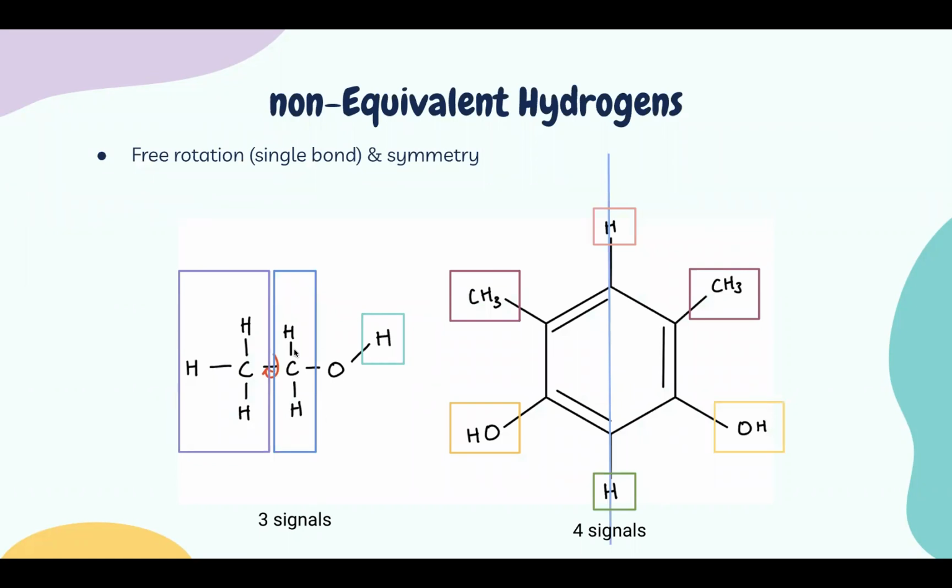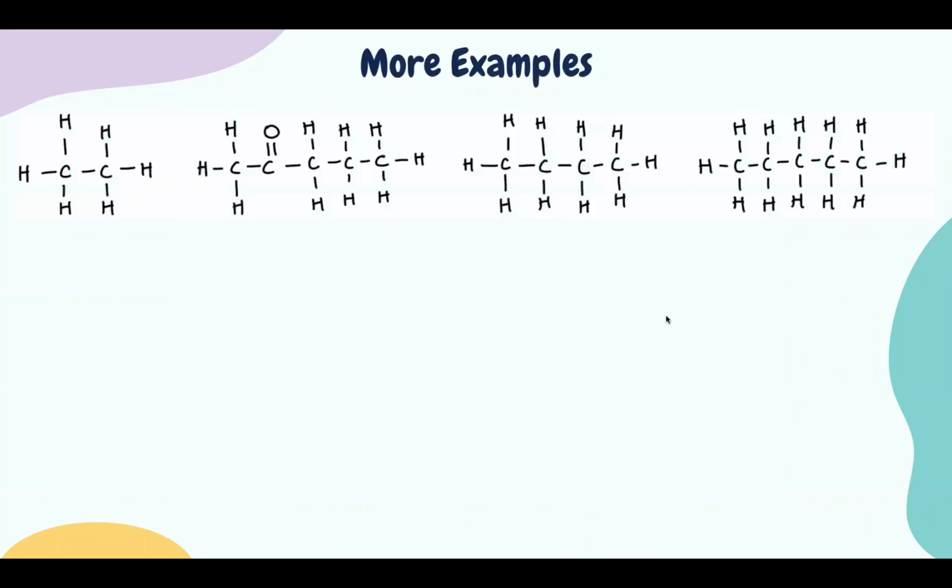The molecule on the left will generate 3 different signals in the spectrum because there are 3 different groups of hydrogens that are all in different chemical environments. The benzene ring on the right will generate 4 signals because there are 4 groups of hydrogens that are all in different chemical environments. Does that make sense? Okay. Would anyone like to volunteer for the first structure?